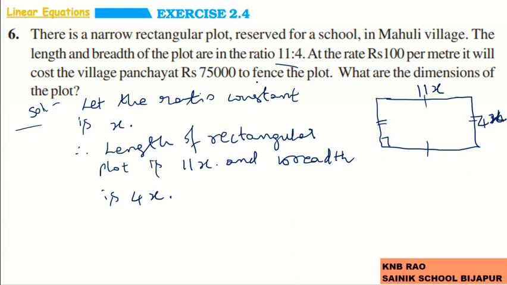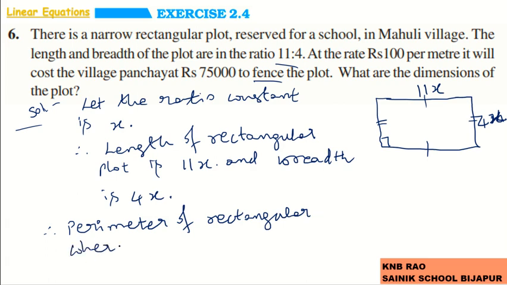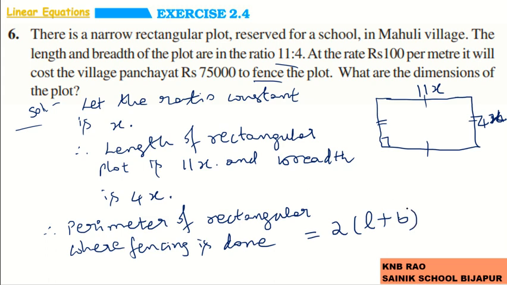since we are fencing, that means we have to find the perimeter. Perimeter of the rectangular plot where fencing is done is 2 times length plus breadth.